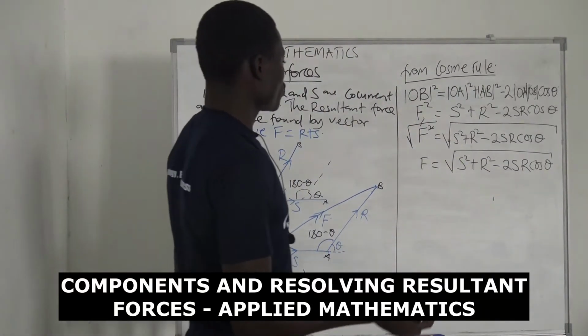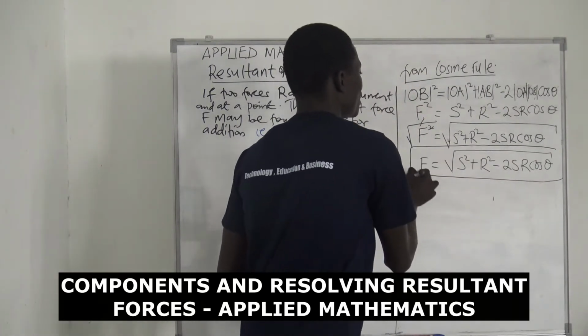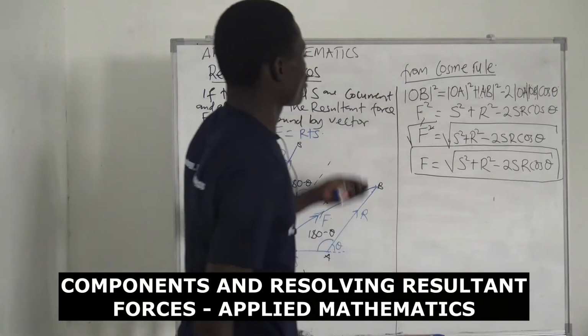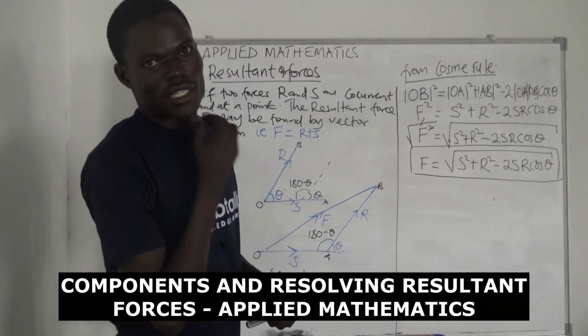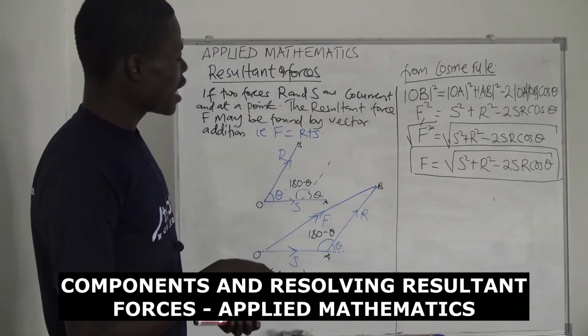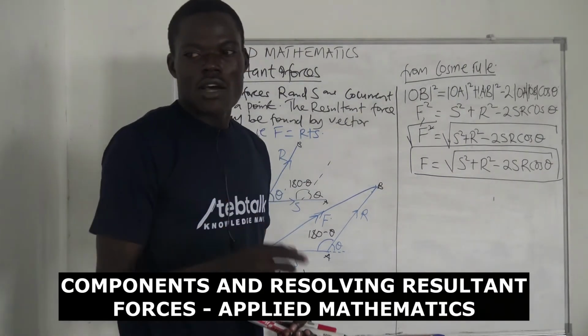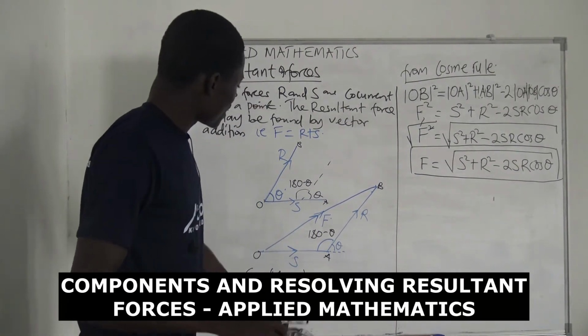So this is the equation for finding the resultant force. This is how we shall be calculating resultant force, apart from the other methods we have seen. So that's how we are going to do it. Then we look at a given example.